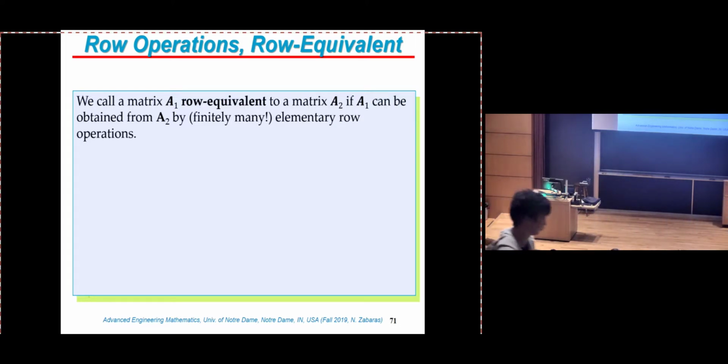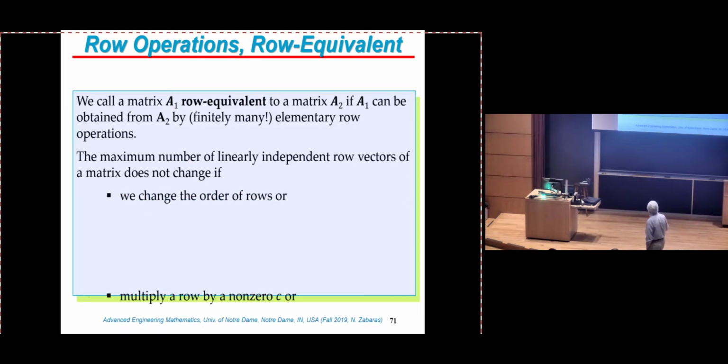Can you guess, before I even say anything, what A1 and A2 are going to have in common? Since I introduced the rank before, and we said the rank is the number of independent rows, if I do these row operations, do you think the rank changes? The answer is no. These matrices have the same rank.